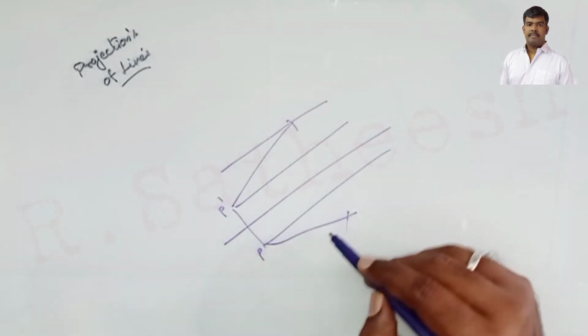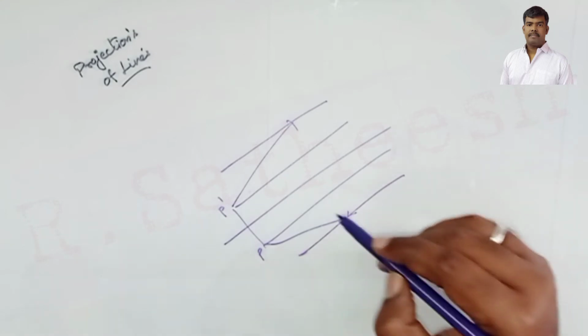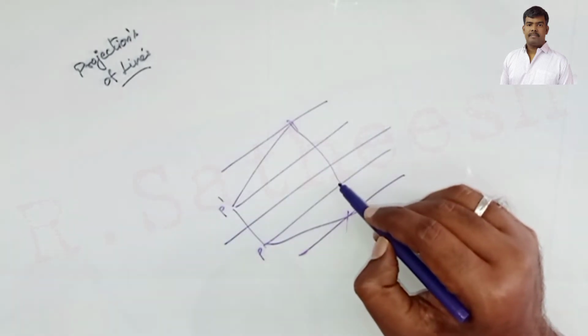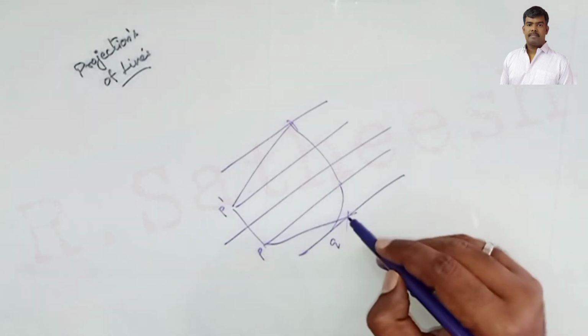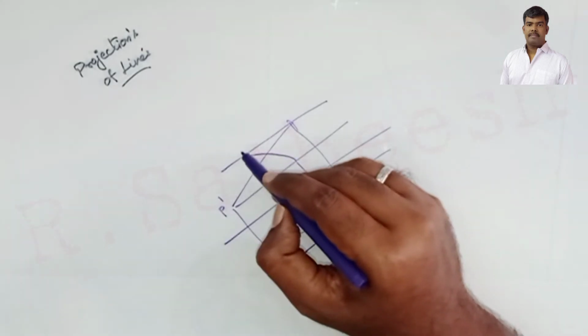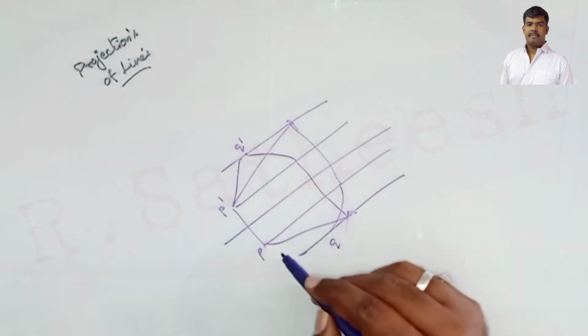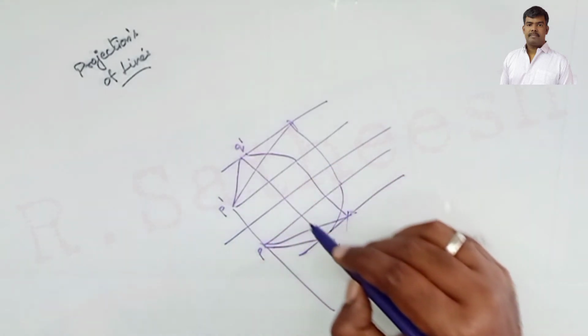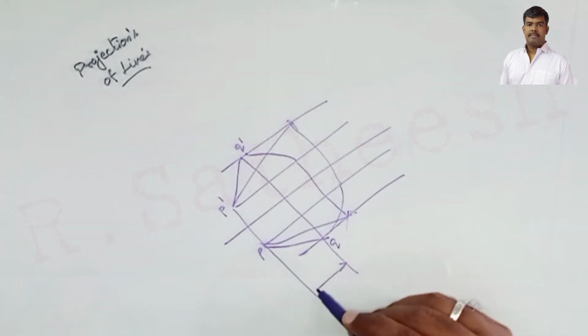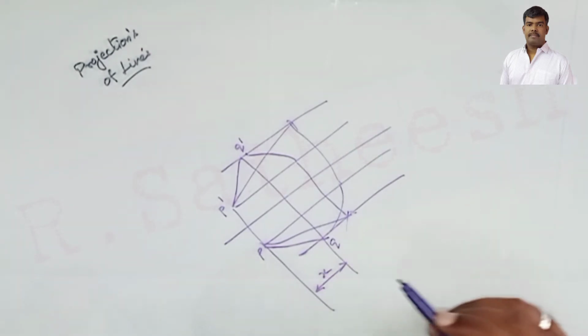So this is the locus of Q dash, locus of Q. So draw a vertical line, make an arc, finally Q dash. So this is the answer. So this is the P projector and this is the Q projector. So the distance between the projectors, clear?